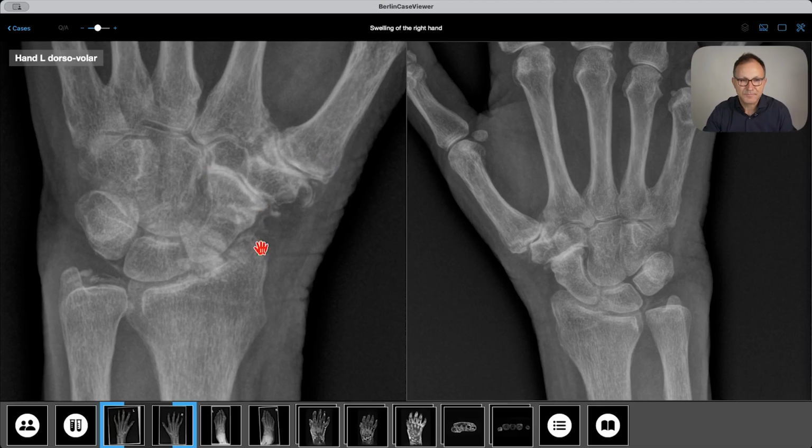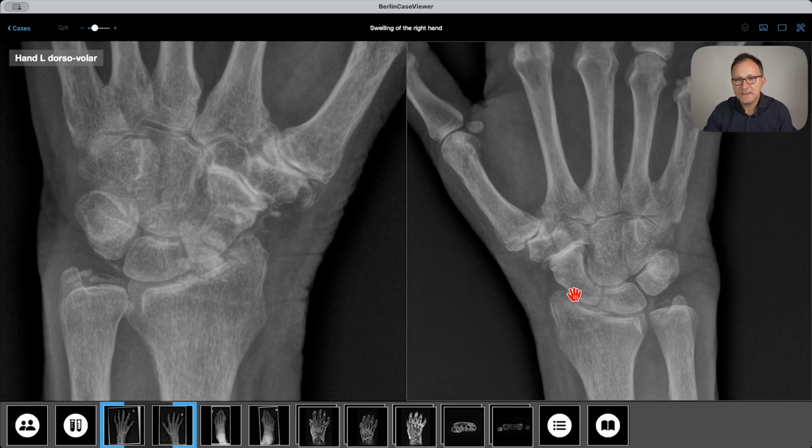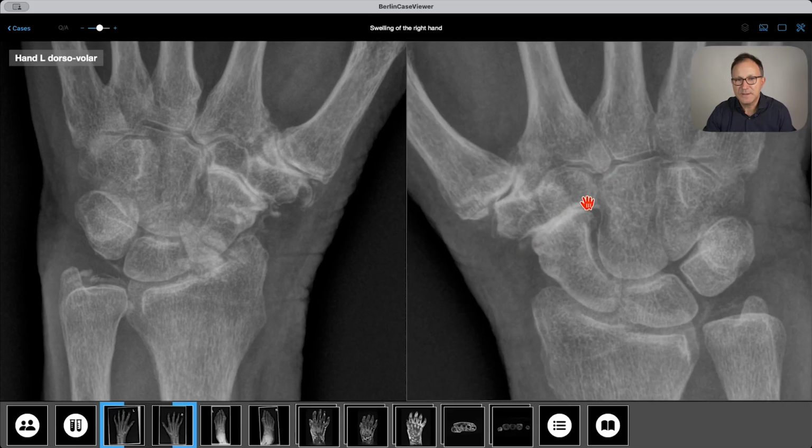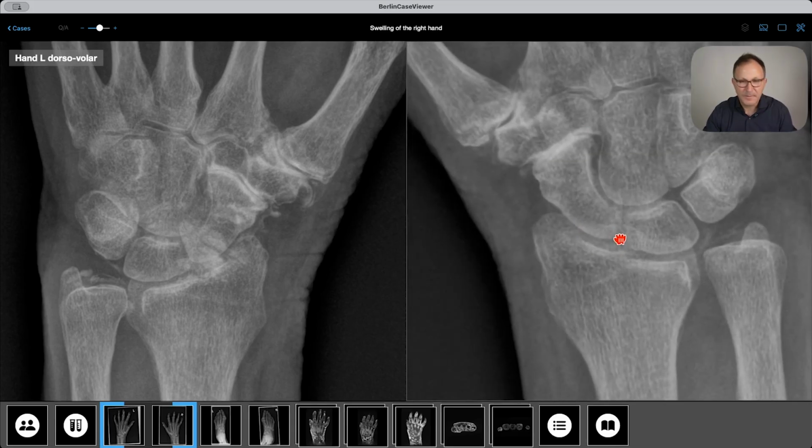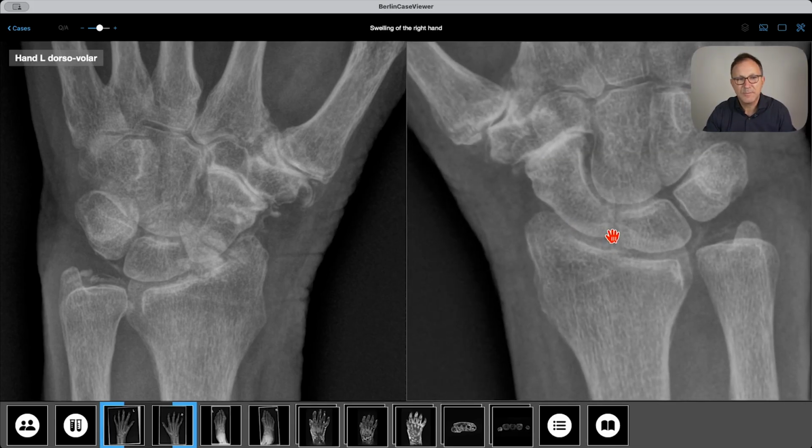Looking at the wrist, we can see that there is some osteoarthritis of the CMC1, but also the STT joint. The radiocarpal joint has quite some good joint space on the left side. On the right side, we similarly see joint space narrowing and subchondral sclerosis with good delineation of the radiocarpal joint.